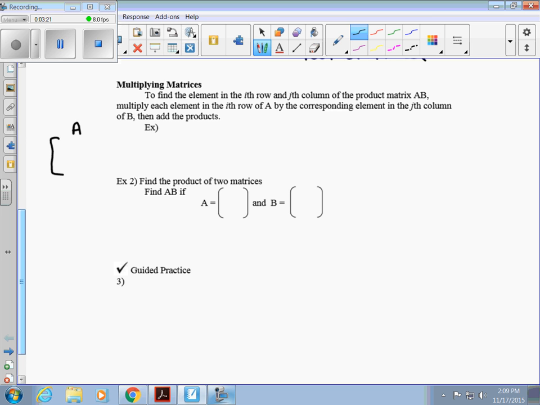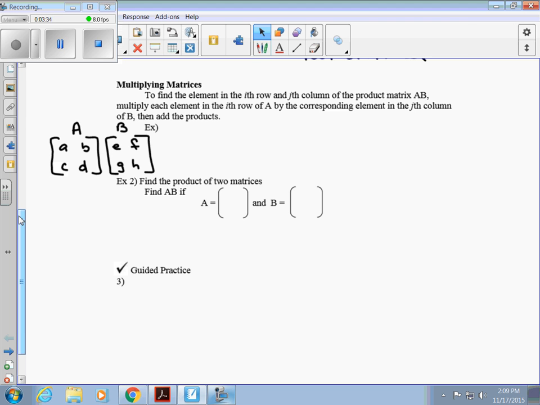Now, that sounds pretty confusing. So here, we're going to write it out. So we have A, B, C, D for matrix A, and then E, F, G, H for matrix B. So we're going to multiply these two. Essentially, we're going to go across the row in the first one, down the column in the second one.